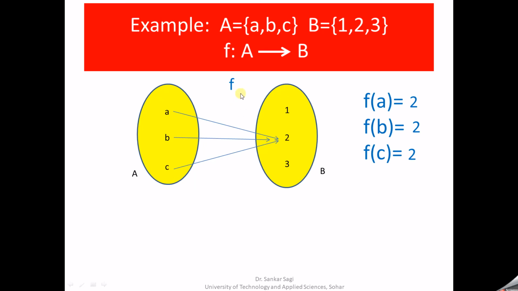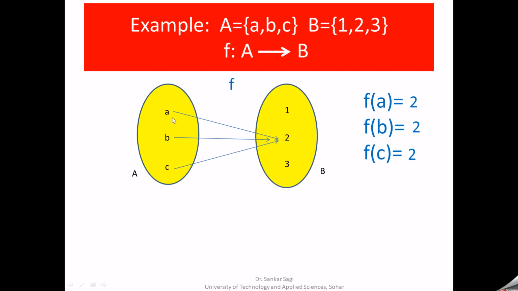First let us see, does it satisfy the definition of a function. From the definition we have to check every element of the first set should have an image in the second set. So here all the elements A, B, C have images. A has image 2, B has image 2, and C has image 2.